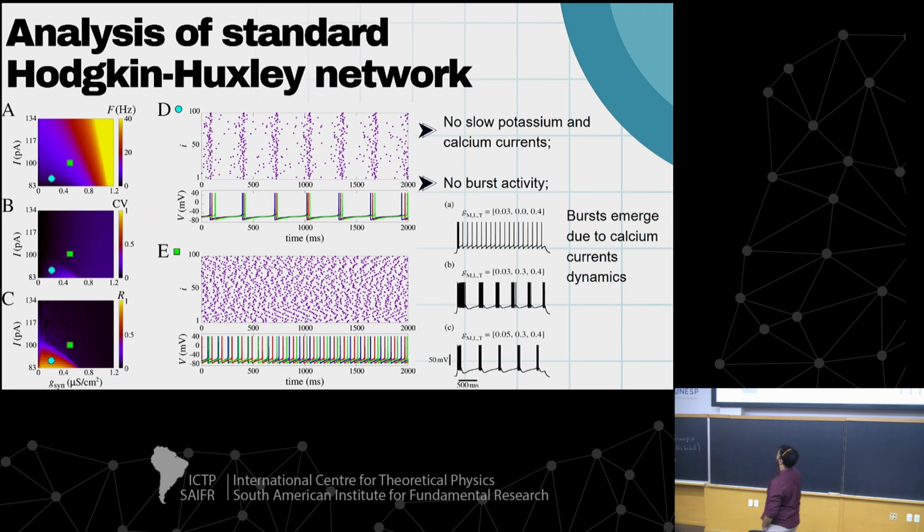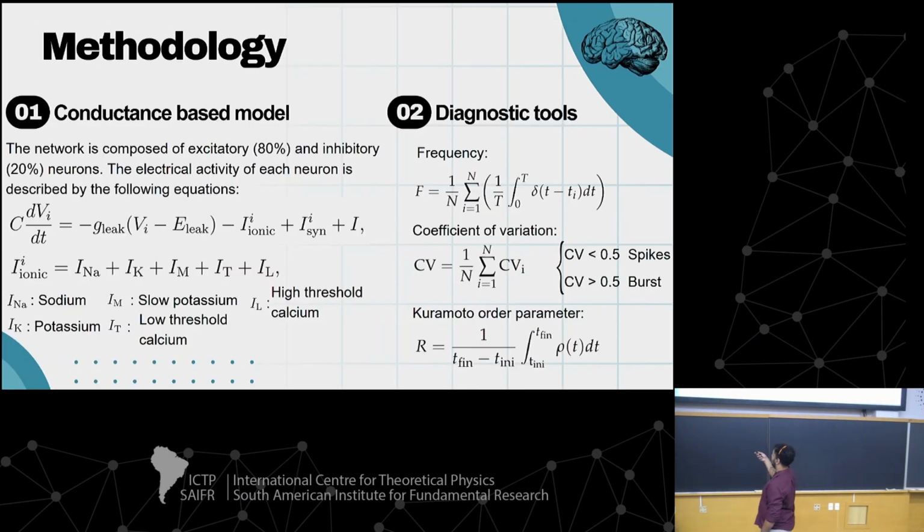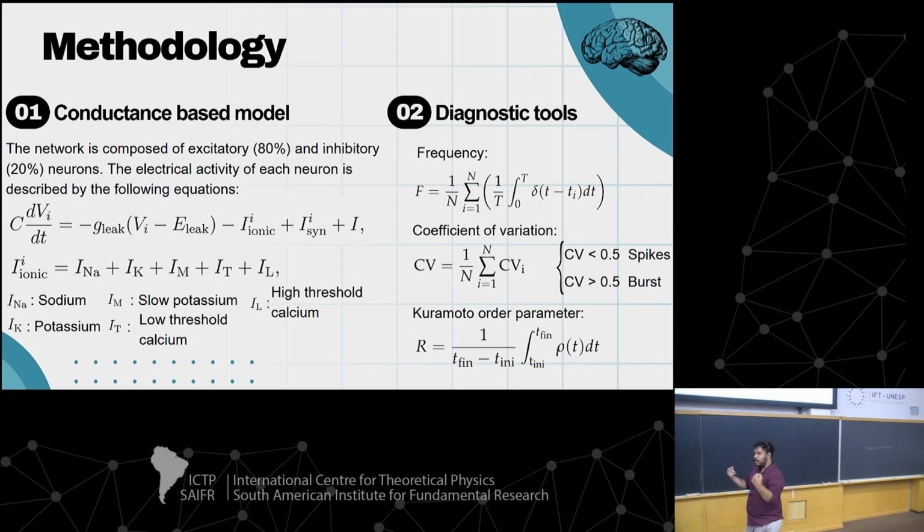Those real parameters, well, the equations here are not all shown. There are many more parameters, and all the parameters that describe each of those currents have been experimentally measured and even described. All the parameters that we consider here are for cortical neurons from a human.